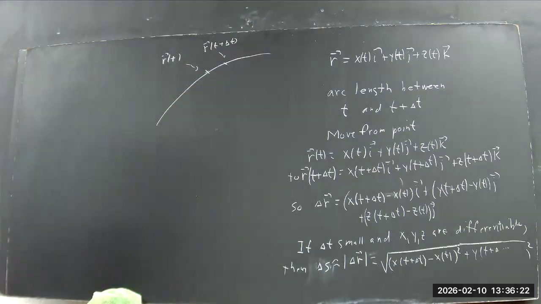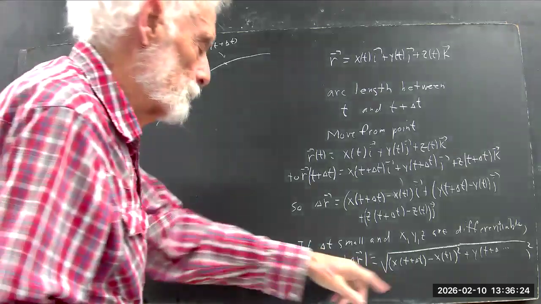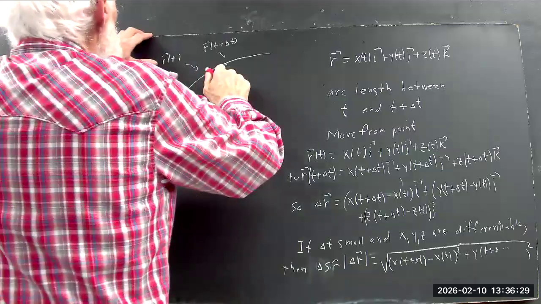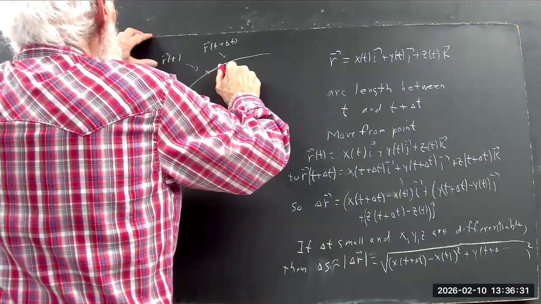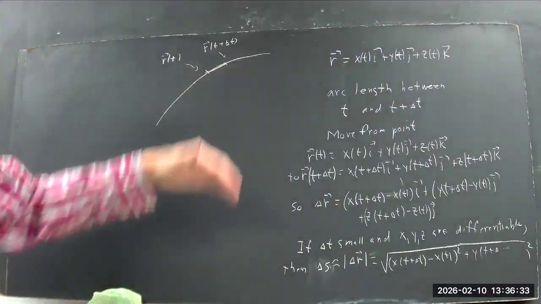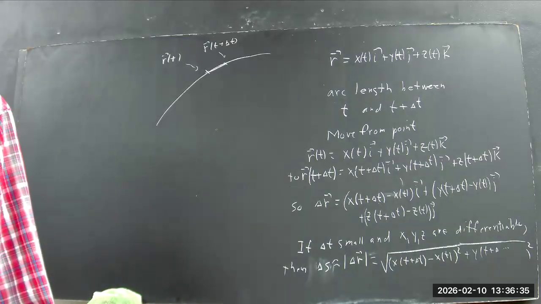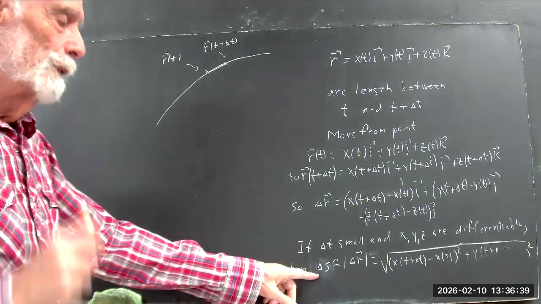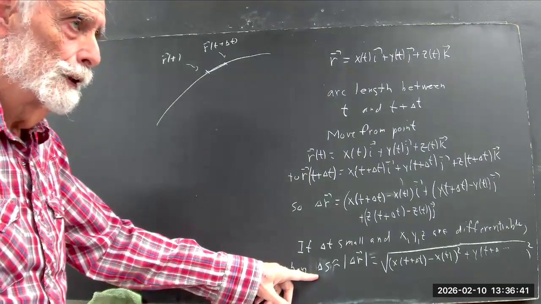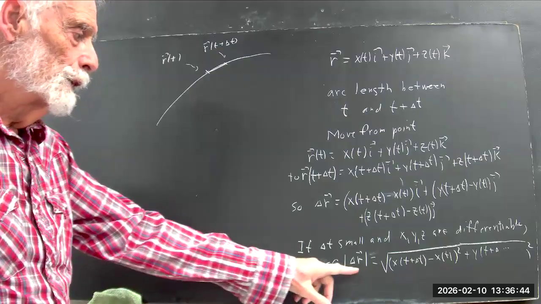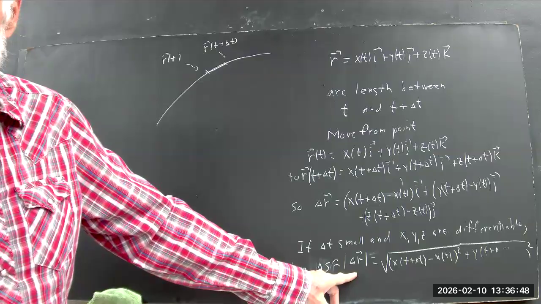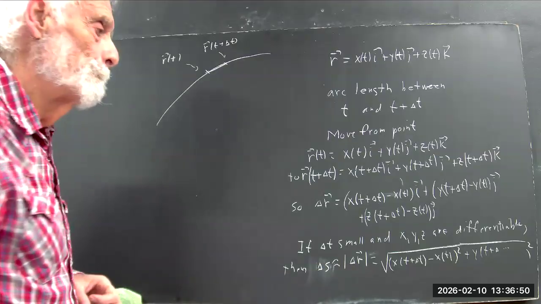Okay. If I calculate this Pythagorean theorem thing, that's the straight line distance. I've got a little bit of curvature. Okay. So my actual path distance is real close to the magnitude of delta R, but not quite there. Okay.